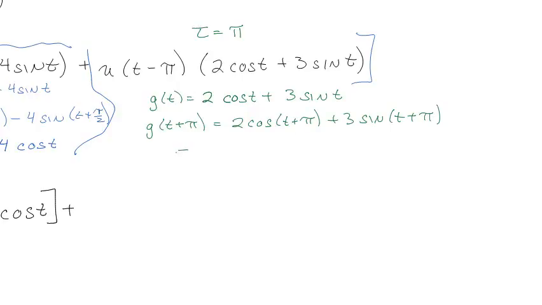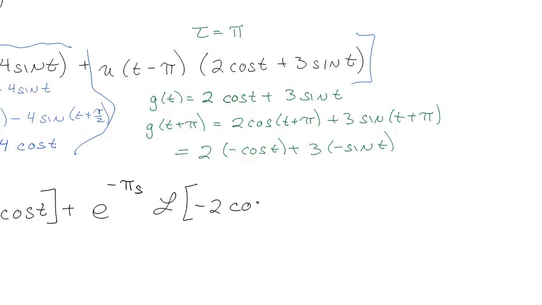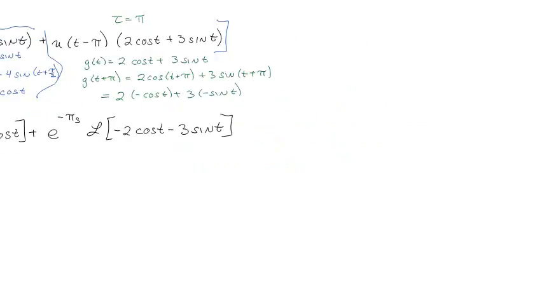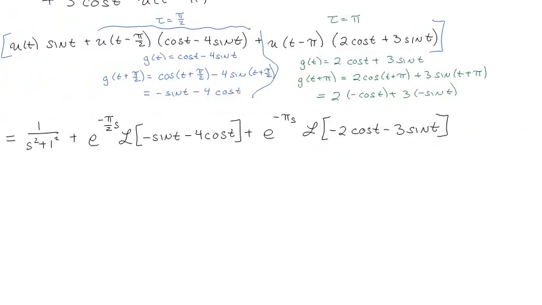And I can use whatever method I want to simplify it, and ultimately I'll get 2 times negative cosine t and 3 times negative sine t. So that means it's going to be e to the minus pi s times the Laplace transform of negative 2 cosine t minus 3 sine t. Now I can zoom out so you can see the whole thing again of what it all turns out to be.